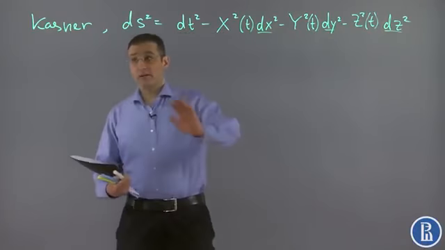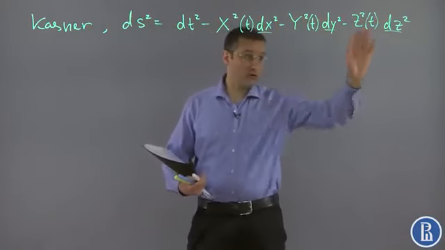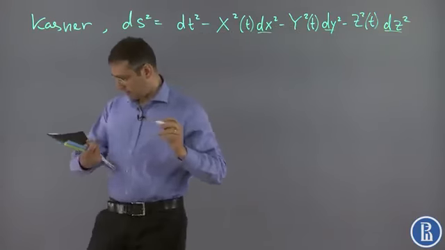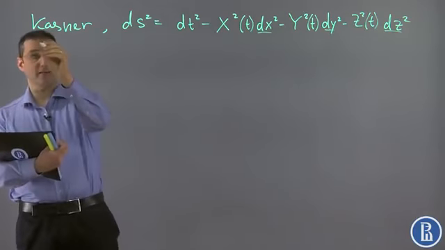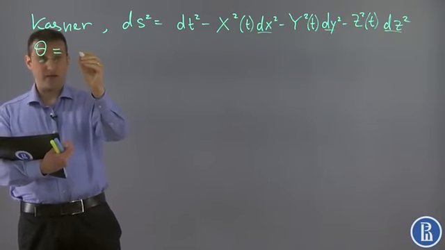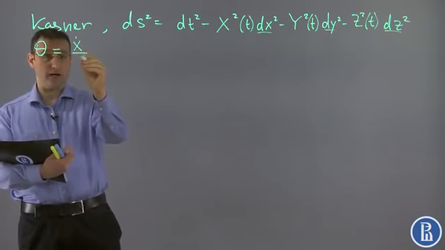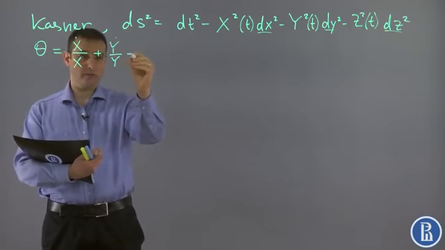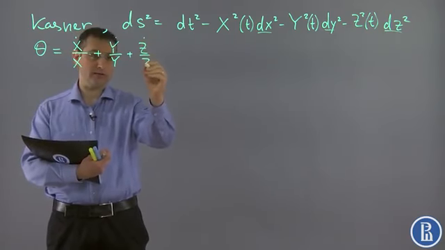We are discussing the Kasner-like solution, which is anisotropic but spatially homogeneous, and we have introduced the notation theta, which is x dot over x plus y dot over y plus z dot over z.